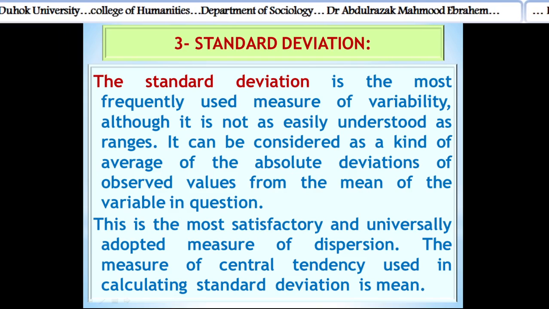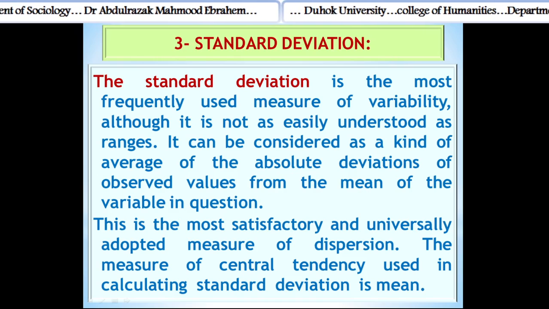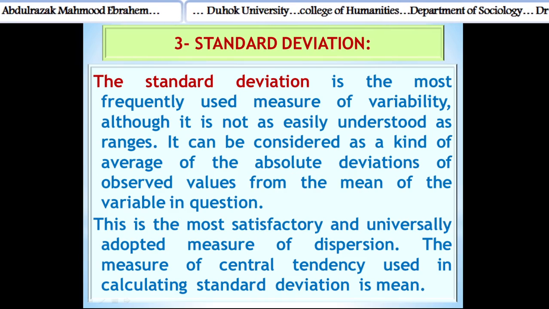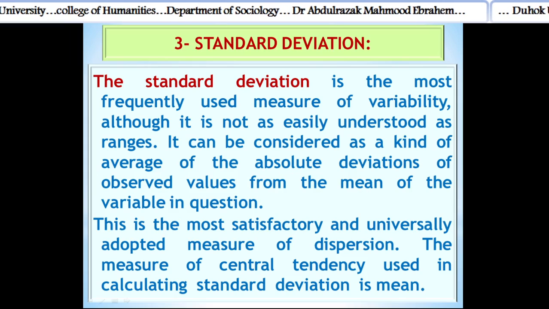The standard deviation is the most frequent measure of variability, although it's not as easily understood as range. It can be considered as a kind of average of the absolute deviation of observed values from the mean of the variable in question.